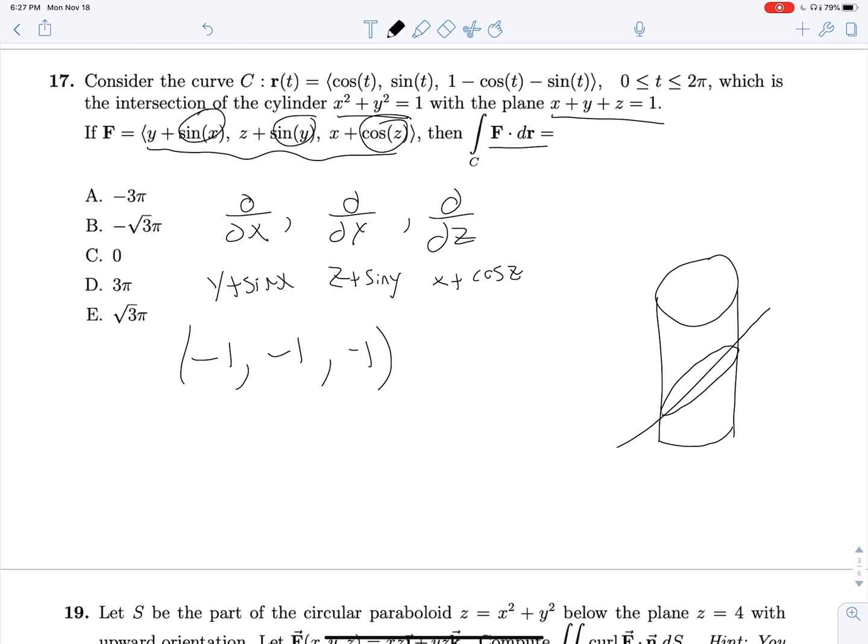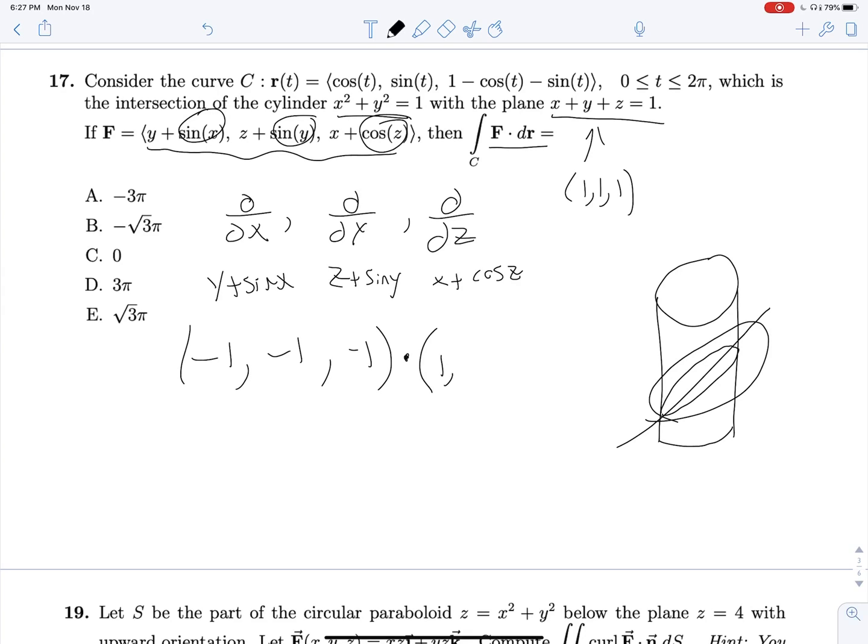It gets very convenient very fast because the plane's normal vector is its definition, like its coefficients. So this normal vector will be 1, 1, 1. And that's perfect because we can take that dot product and then set up a double integral over the 2D projection of this intersection over here, and we'll be done.